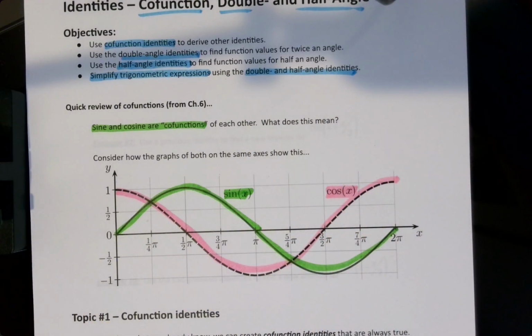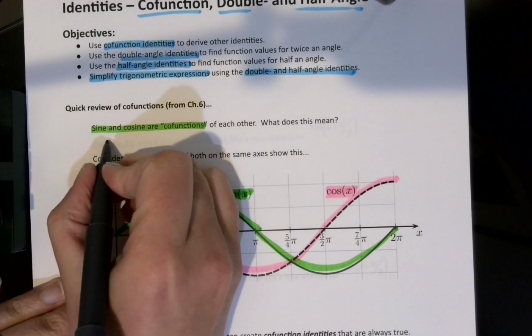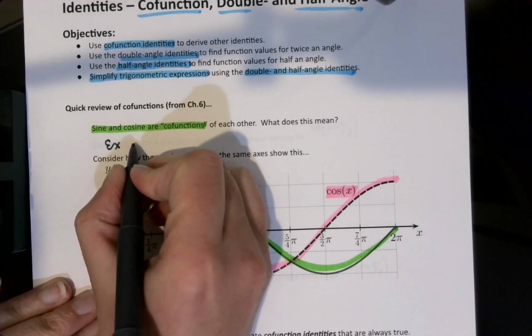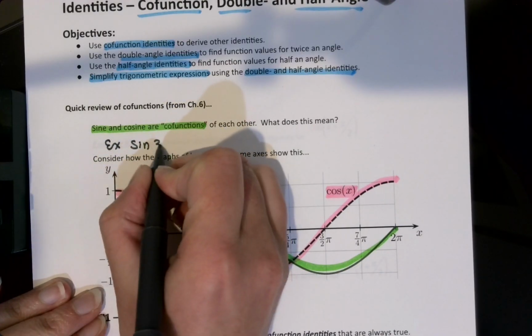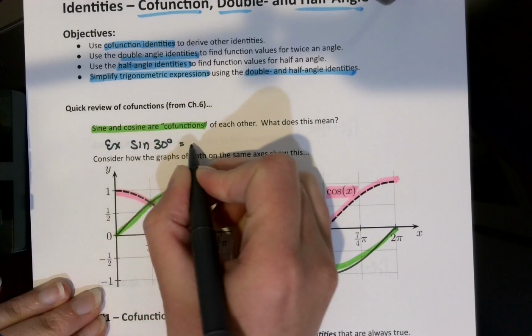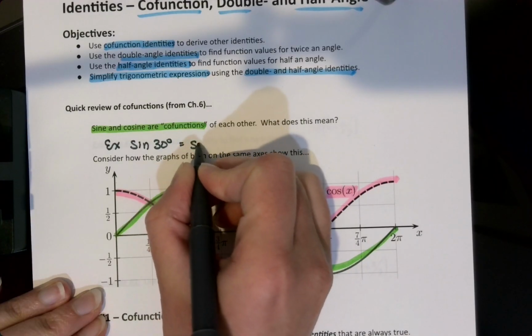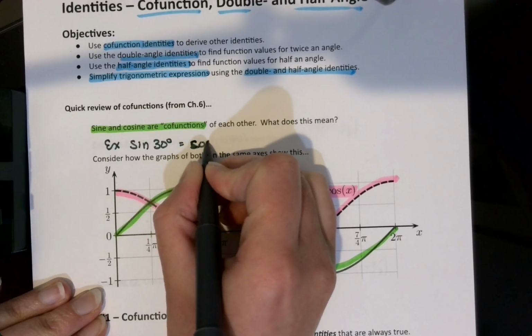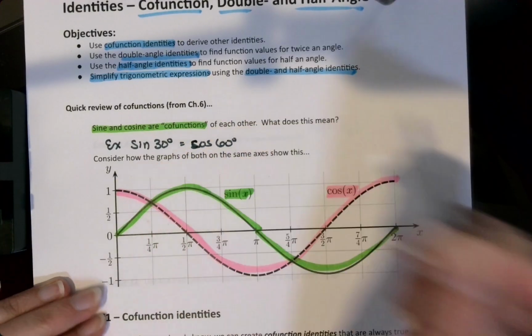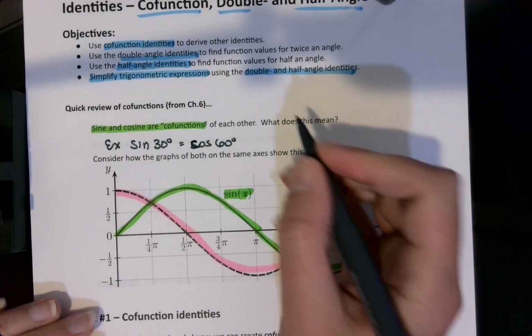Cofunctions meant that two angles that added up to 90 degrees had opposite function values. So, for example, it meant that sine of 30 degrees equals cosine of 60 degrees, right? Because those two angles are complementary.